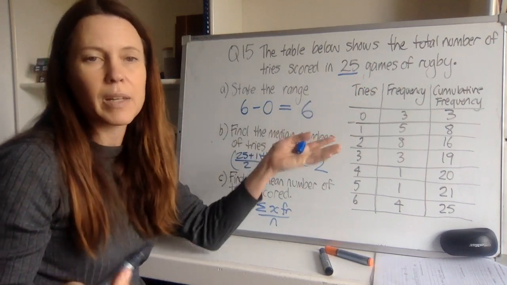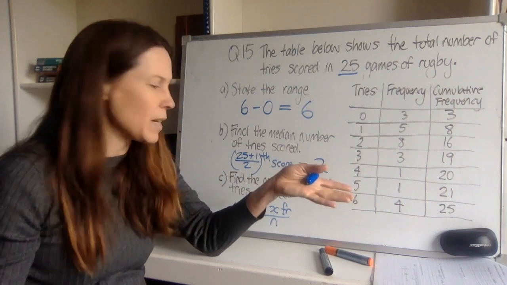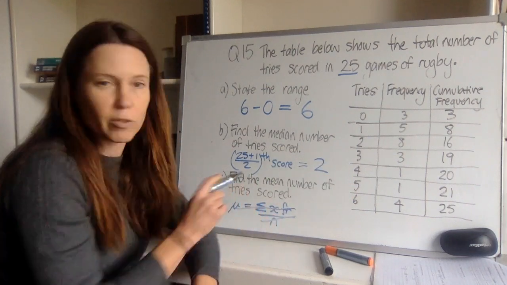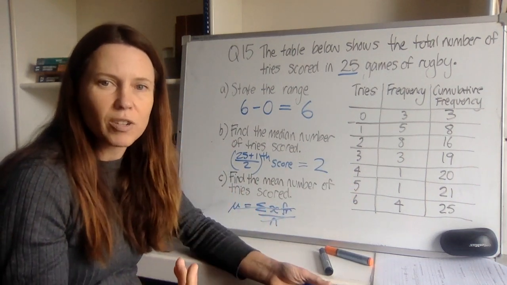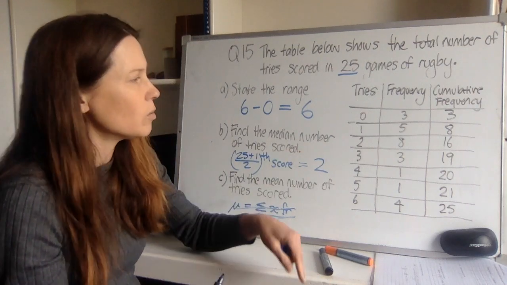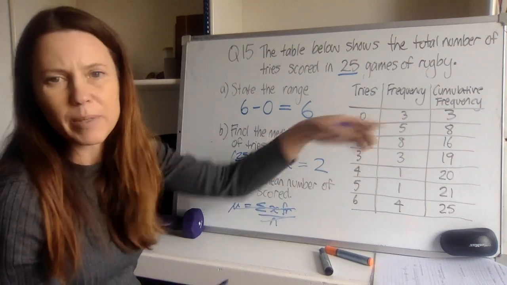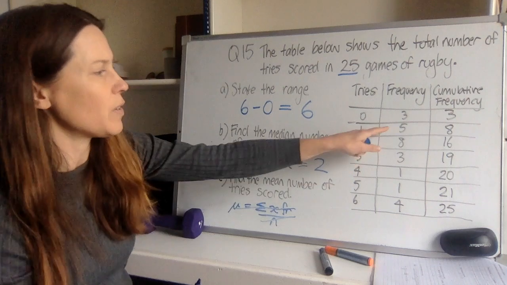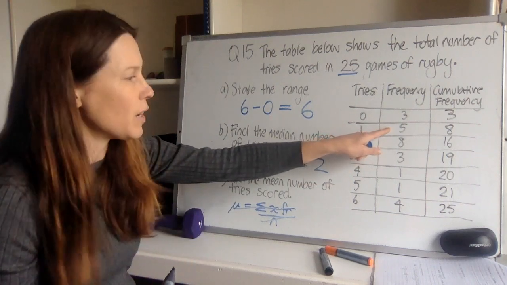It'll work. But if you're just using logical reasoning, or if you've forgotten the formula altogether, you can just say, how many tries have we got here? Total. Well, in these 3 games, they didn't score anything. In those 5 games, they only got 1. So that's 5 tries.